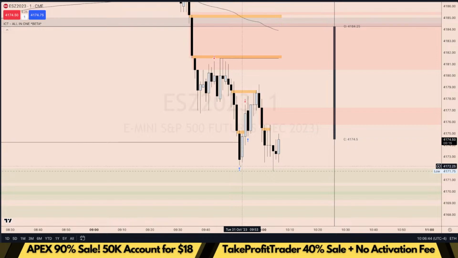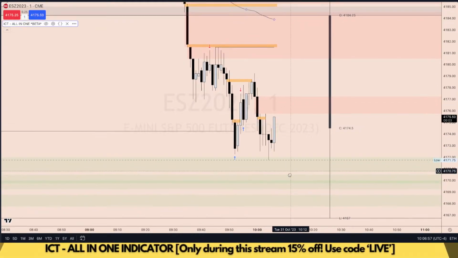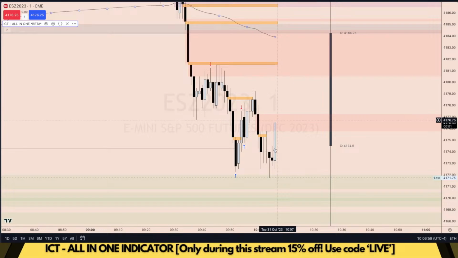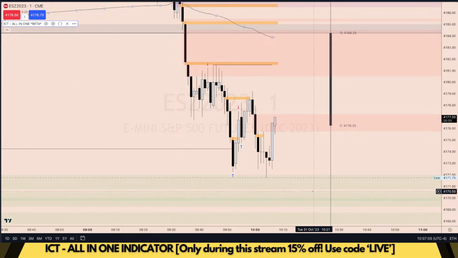We took the London lows, took the sell side. For now, it's just watch and see for me, really. If more fair value gaps to the downside. Once we're at that midnight level, we immediately continue to the upside. Random? I don't think so.